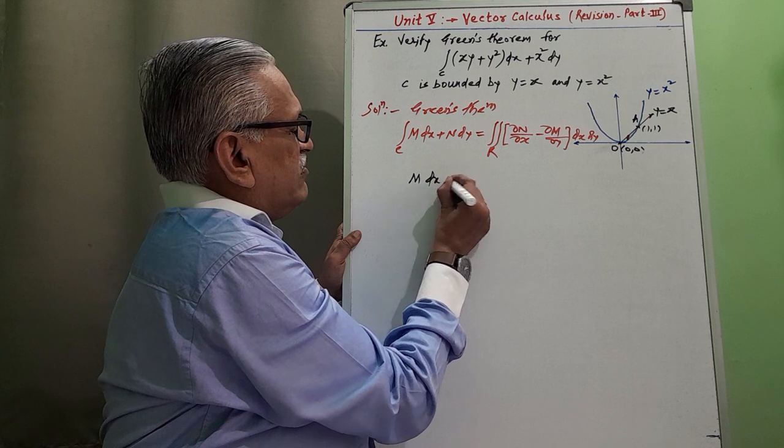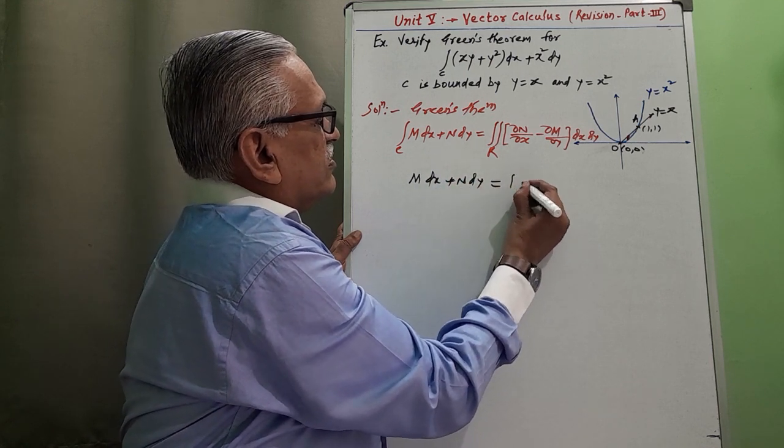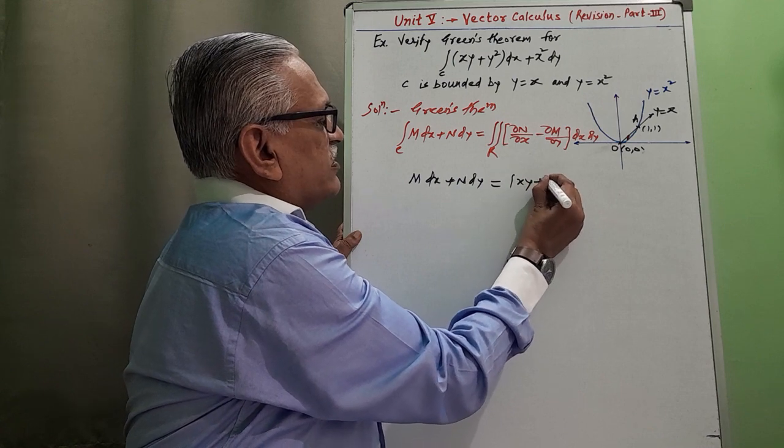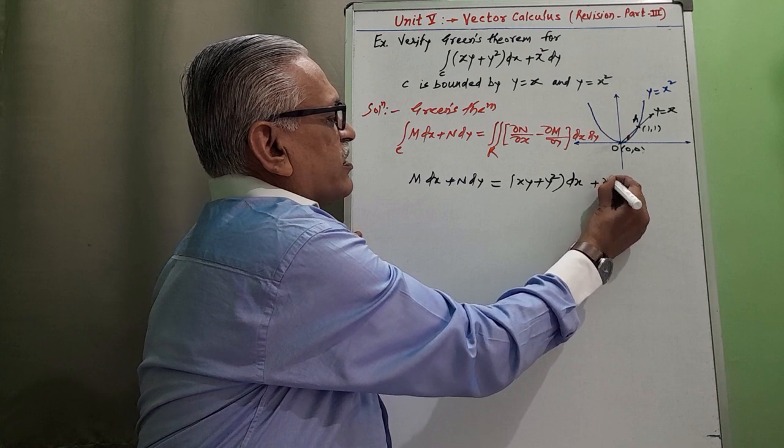Here, M dx + N dy is equal to (xy + y²) dx + x² dy.